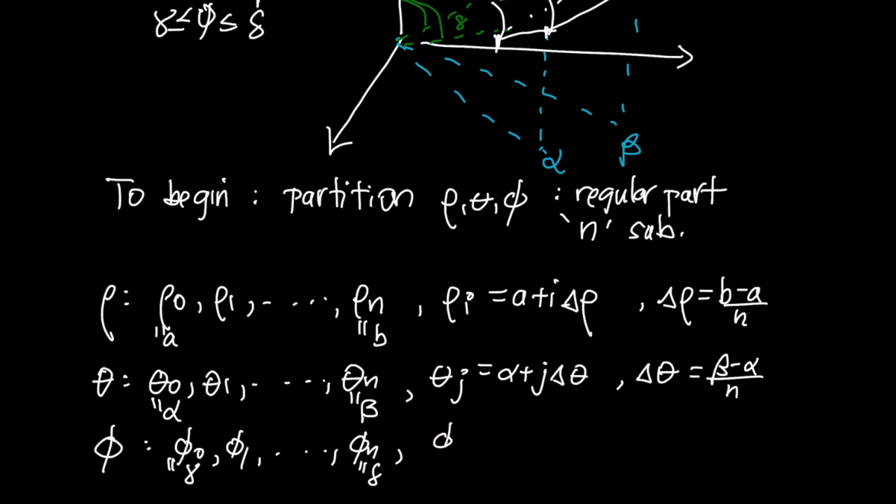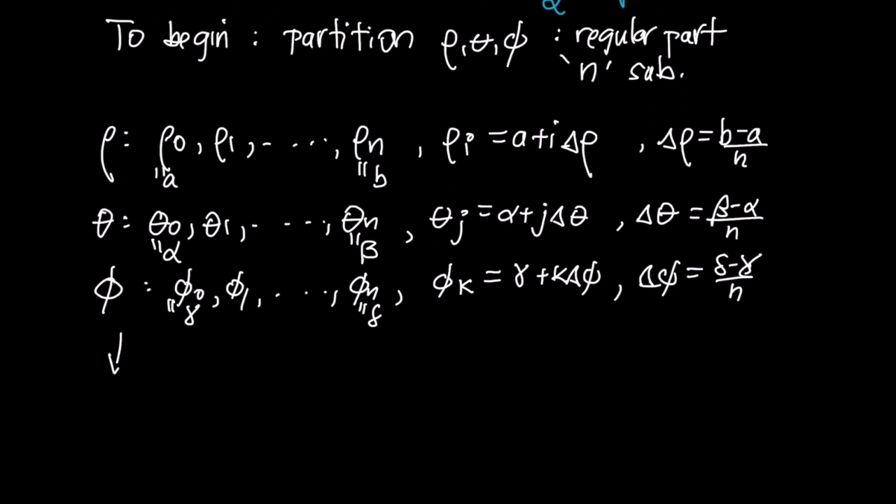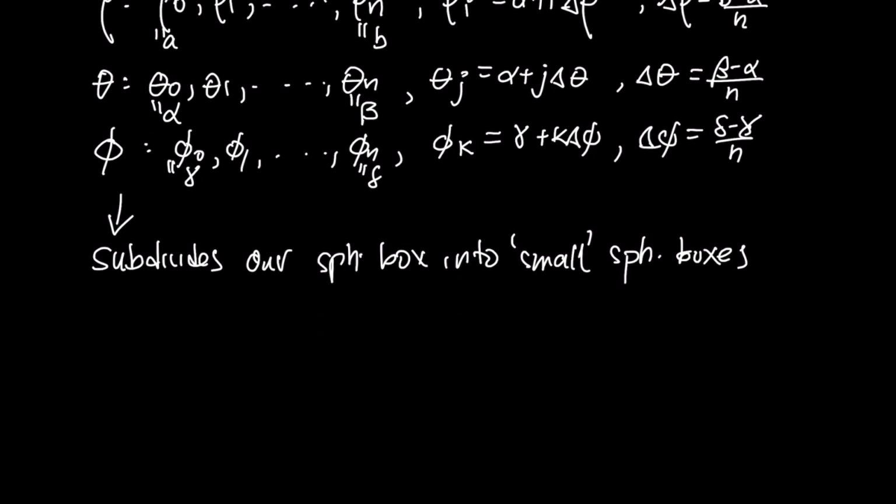And our phi variable will be indexed on k, gamma plus k delta phi, where delta phi is just delta minus gamma over n.